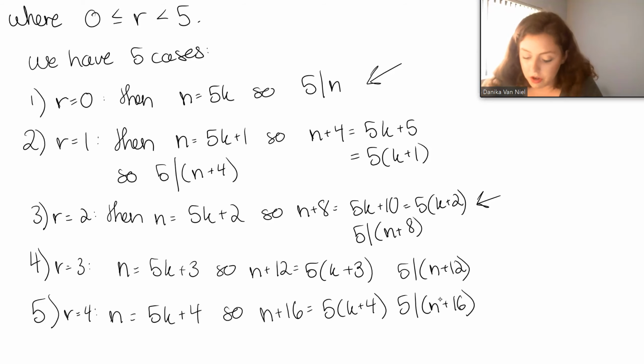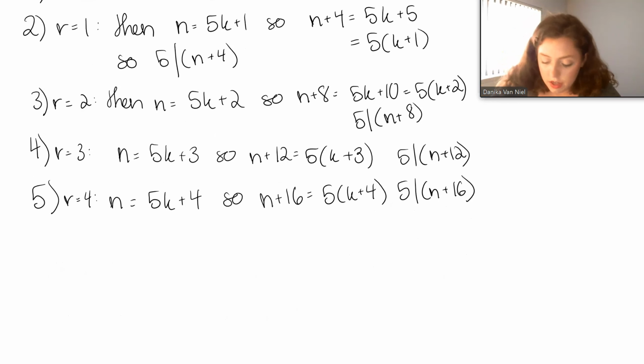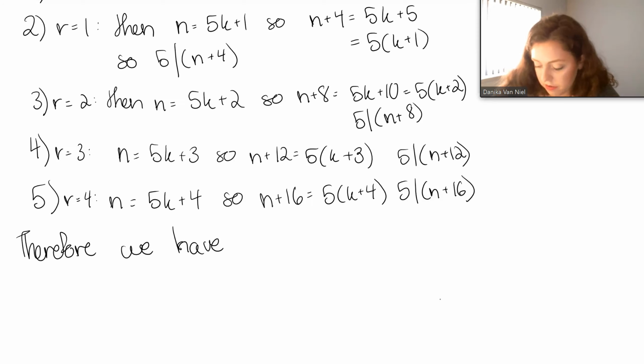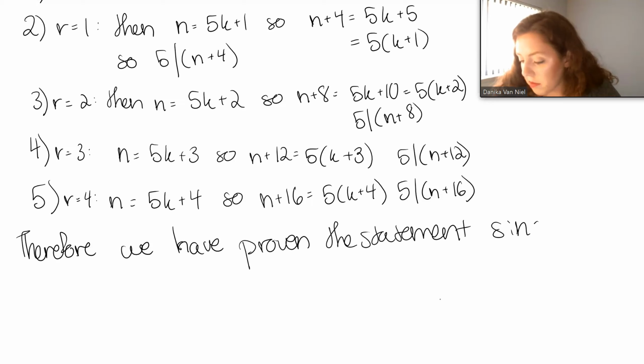If it was 4, then you would look at n plus 16, etc. So no matter what situation I have, I can pick one of those and show that one of those is divisible by 5. Therefore, we have considered all possible situations. Let's say we have proven the statement since we considered all possible situations.